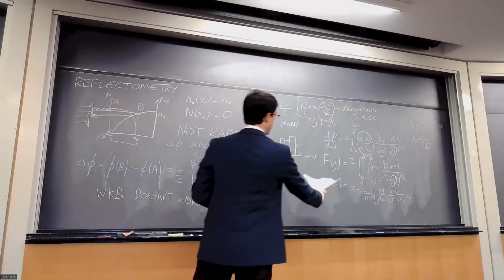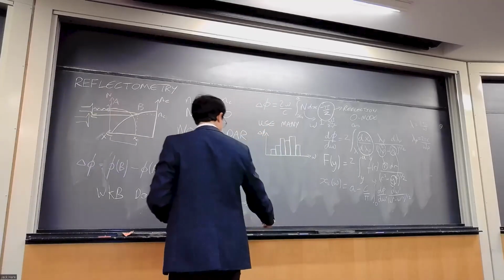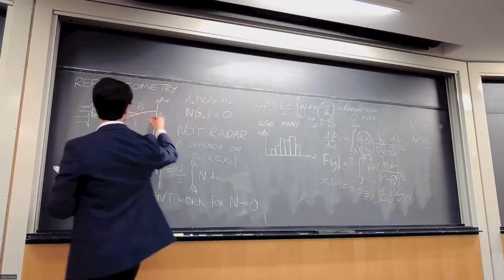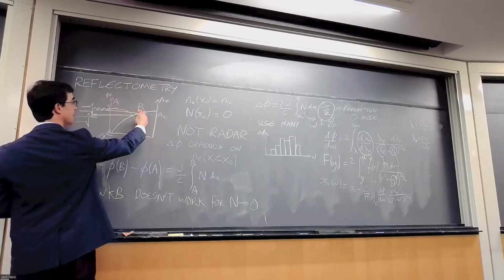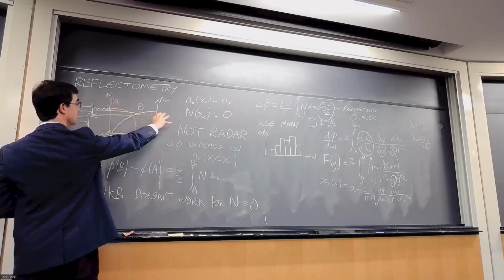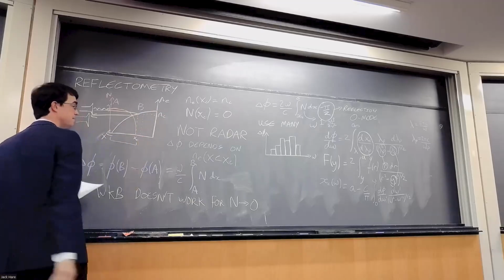I want to point out that as we change frequency, we obviously change the location of our critical surface, right? If we use a higher frequency, our critical surface will be at a higher density. And so for a monotonic density profile, it'll be further in.